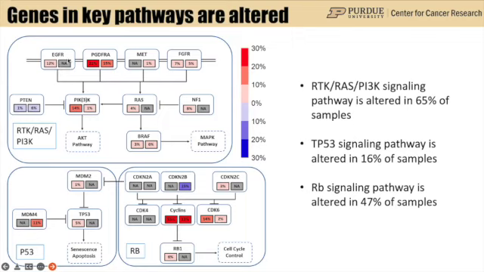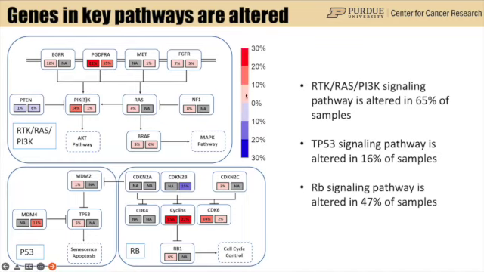And then the right-hand box shows the percent of samples that have a copy number alteration. So for EGFR, we didn't find any samples that had a copy number alteration. So that's why it's gray and NA. But for example, for FGFR, 5% of samples had an amplification and 7% had a mutation.